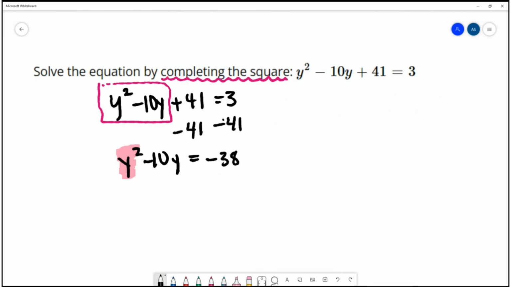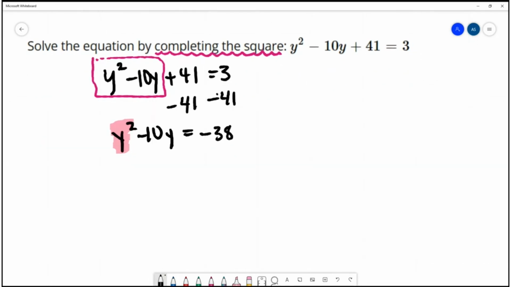Once you get your equation to this state, you're going to find the number that is going to complete the square. Sometimes I like to call that the magic number. So we're going to start with negative 10. We're always going to start with the coefficient of the linear term.